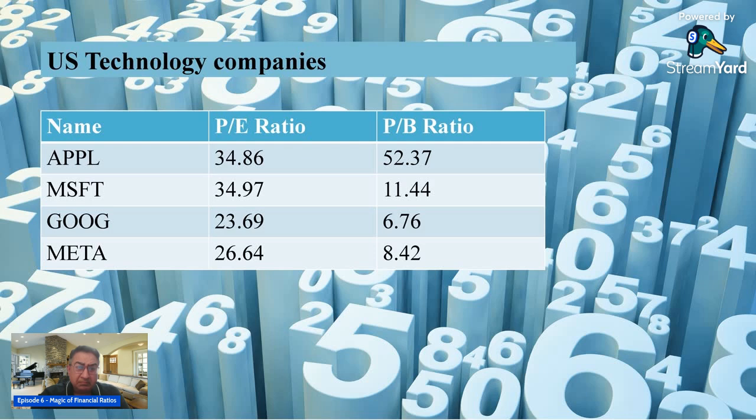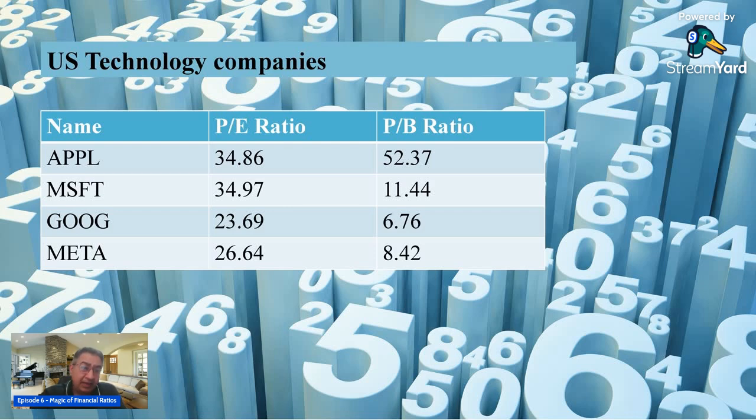So while personally I would not want to invest in these companies, given that they are so significantly overpriced, if you, as an investor, see benefit in investing in these companies, be prepared to buy at a PE ratio of greater than 20 and a PB ratio which is between 5 and 10.